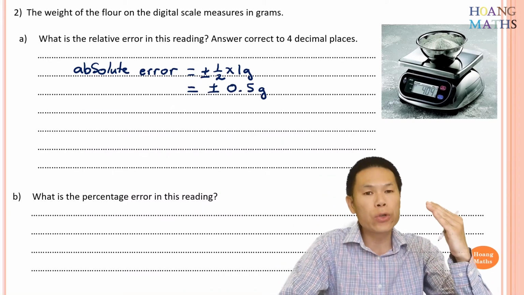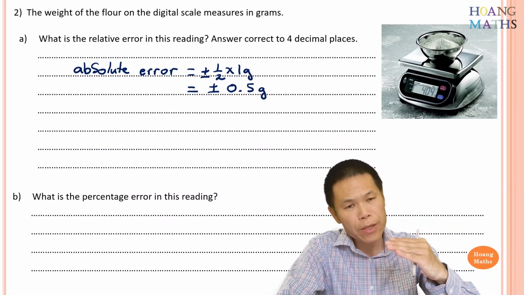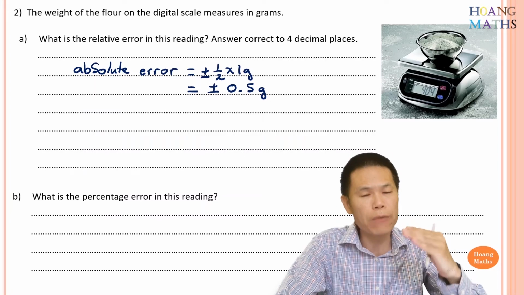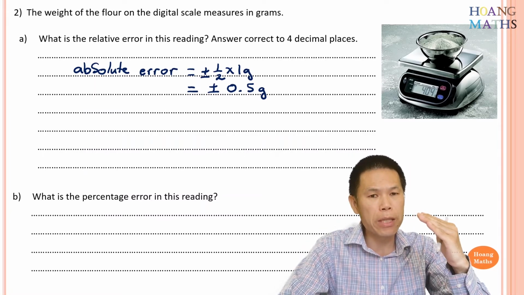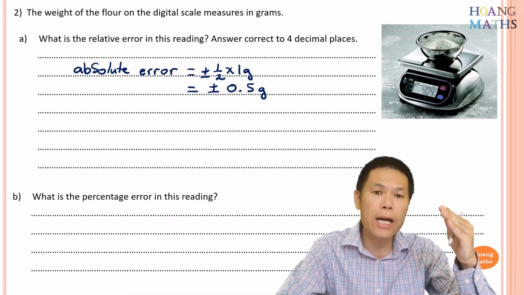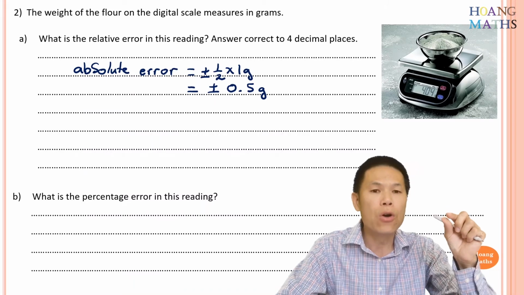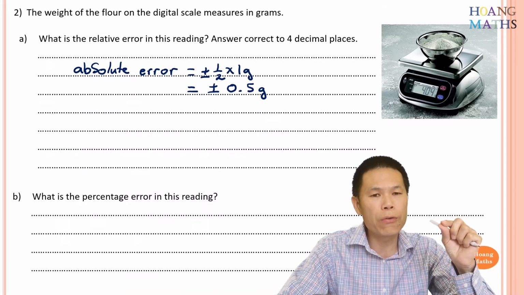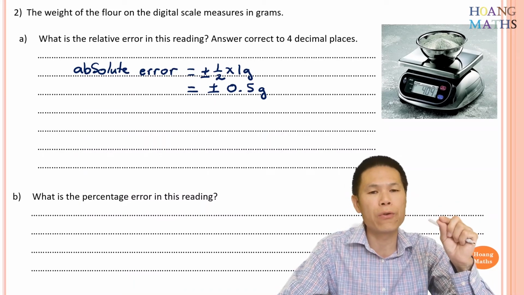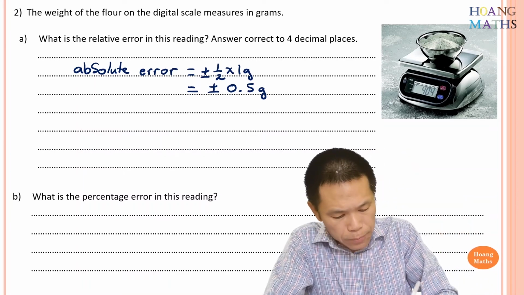So the error could either go up 0.5 of a gram or go down by 0.5 of a gram. Just remember that. The plus or minus sign just shows that the mistake could either go up, which is above 404 grams, or a half of a gram below 404 grams. That's all.